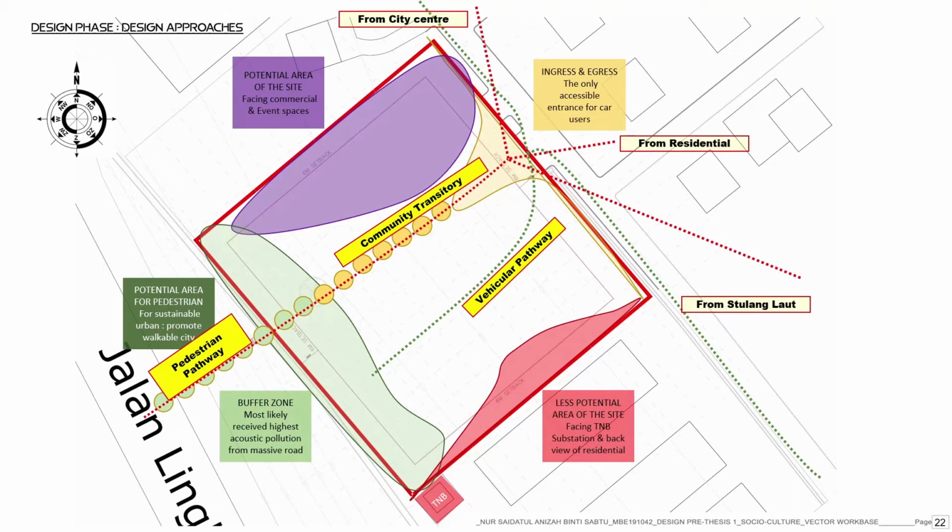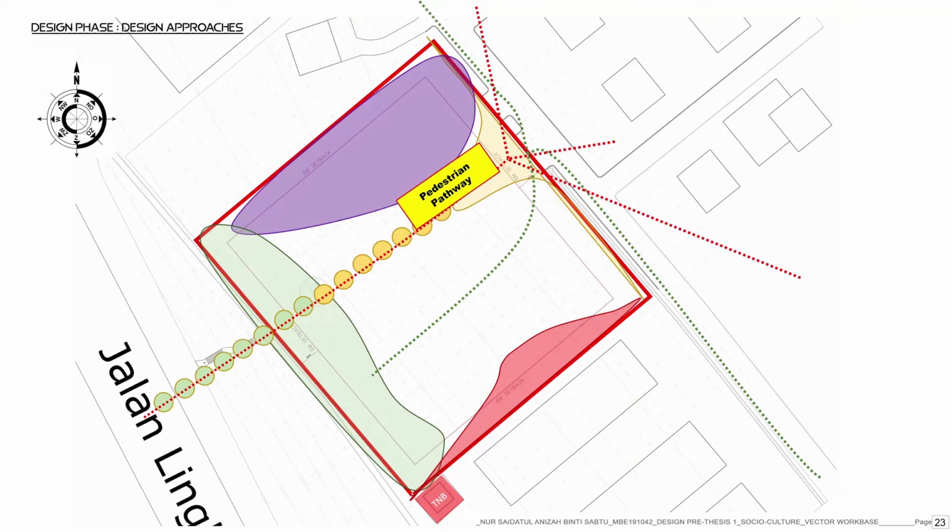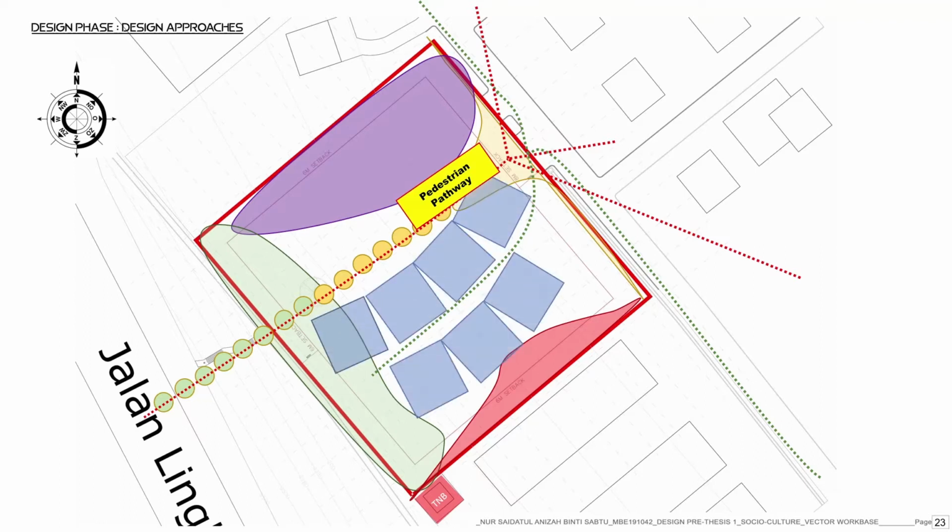These 4 checkpoints were involved in creating the idea of the city. The context will be the users from the city center, nearby residential, as well as those who transit in the Stulang area. The rough idea is to make use of the site to fit in both functions of housing and commercial, where this part is meant to be a community interaction area and the elevated affordable housing is for privacy purposes.